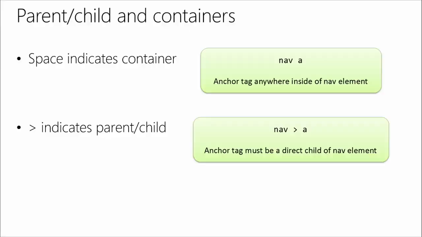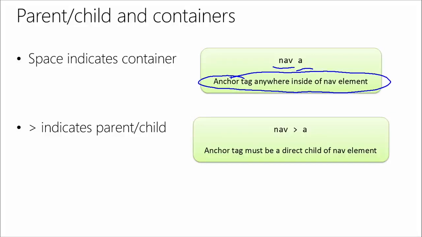So let's take a look at a little bit of CSS here. And let's talk about our parent-child and our containers. Now inside of CSS, on the selector, if I say class and class, so nav A, for example, what I'm saying is I'm looking for an anchor tag anywhere inside of that nav element.